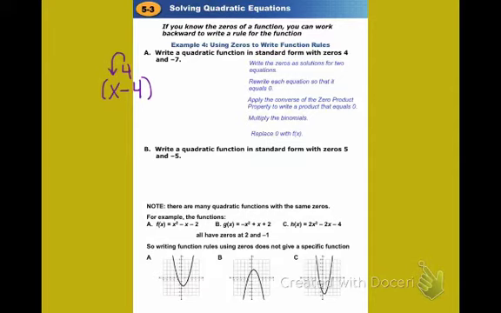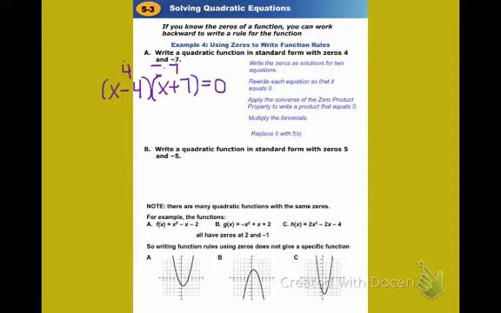And so I know that a 0 of 4 is associated with a binomial factor of x minus 4. And if I had a 0 of negative 7, or a root of negative 7, it must have come from a binomial factor of x plus 7, because if I put that negative 7 in for x, it would make those binomials equal to 0.